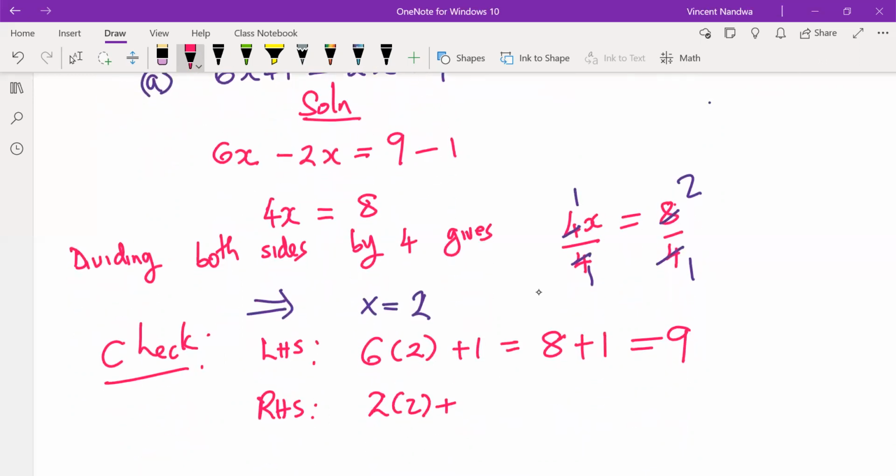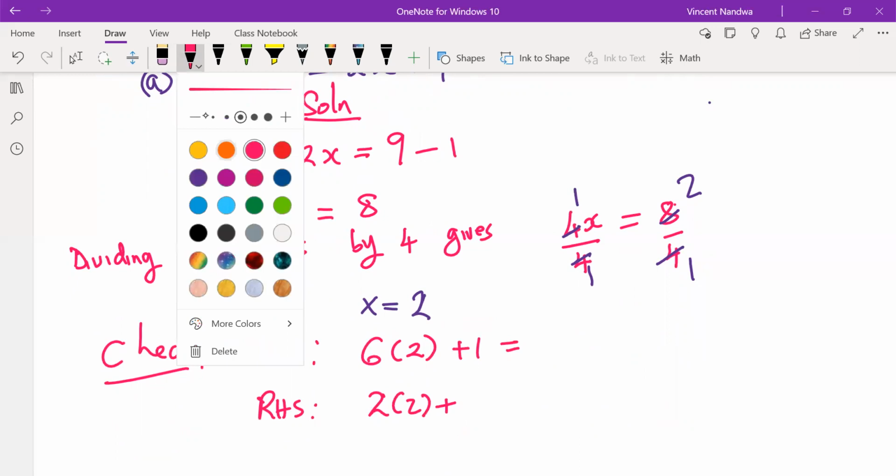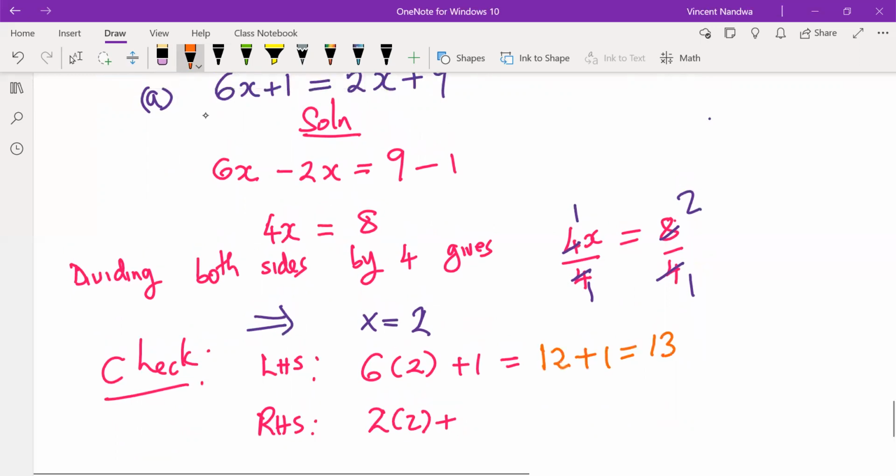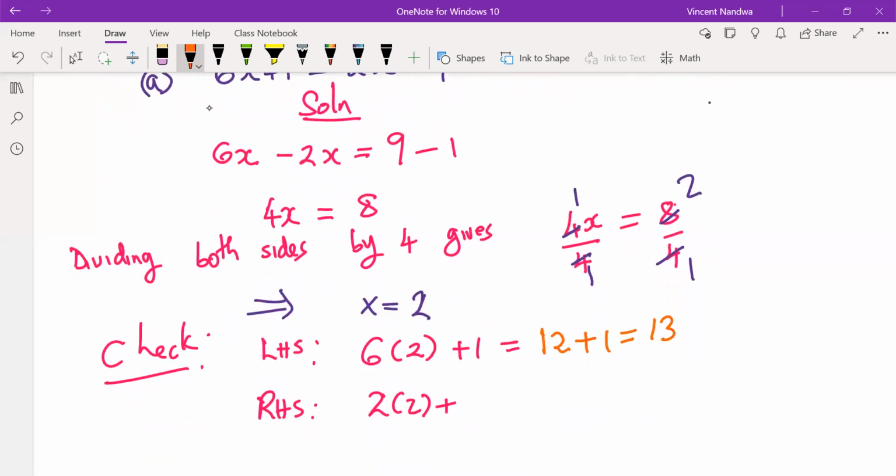So remember, 6 by 2 is 12. So 12 plus 1, which is 13. And then right-hand side is 2x plus 9.